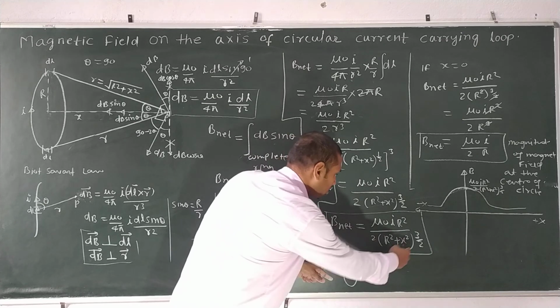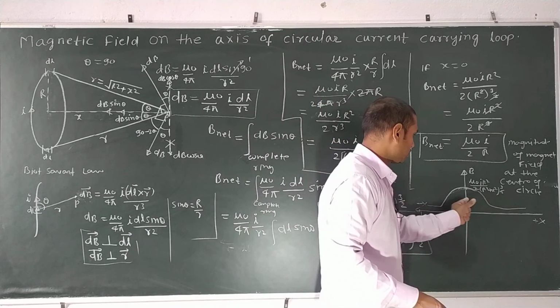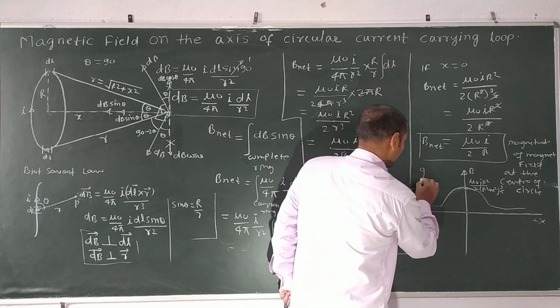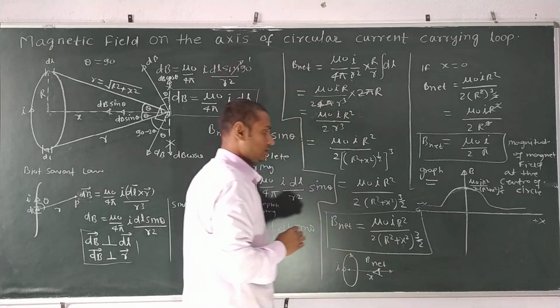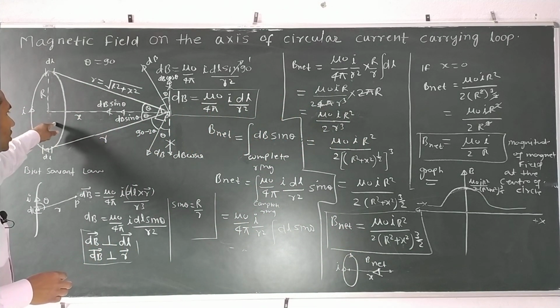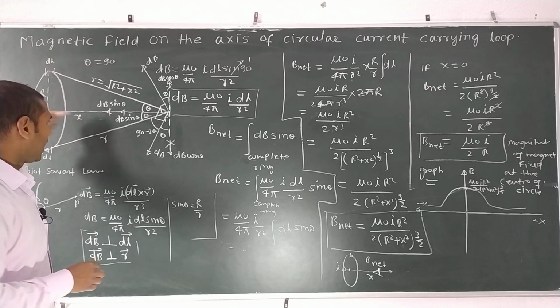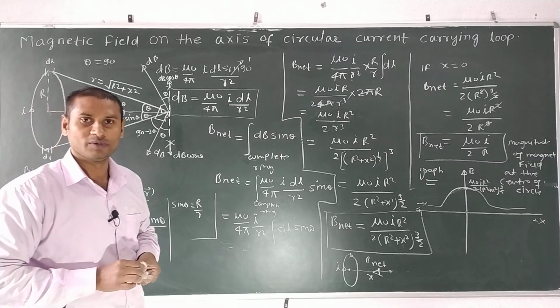If you increase the denominator, B net will be decreasing. So this is the graph of magnetic field due to the circular current carrying loop at a point P on the axis of the loop. I think you are able to follow me. Thank you very much.